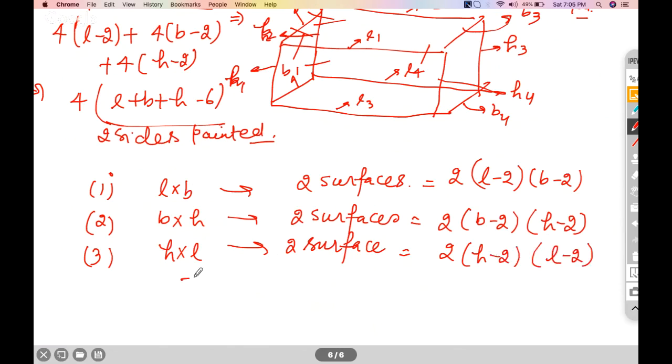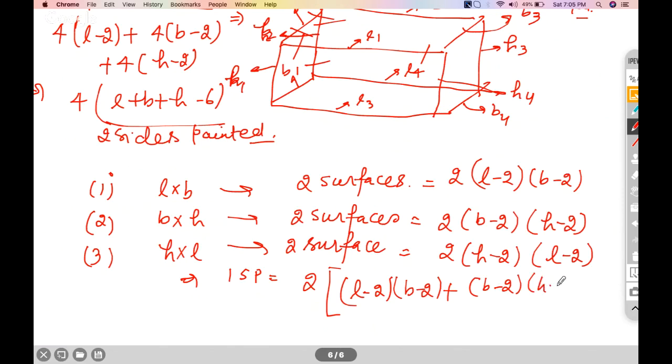So one side painted would be equal to 2 times [(L minus 2) into (B minus 2) plus (B minus 2) into (H minus 2) plus (H minus 2) into (L minus 2)]. That's the value.